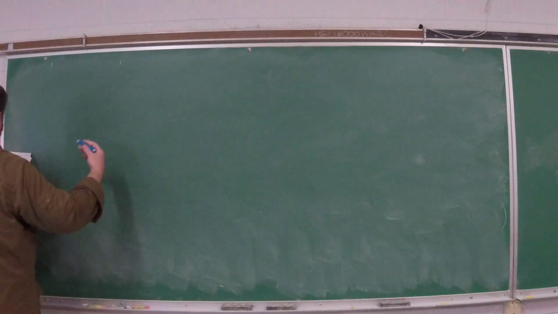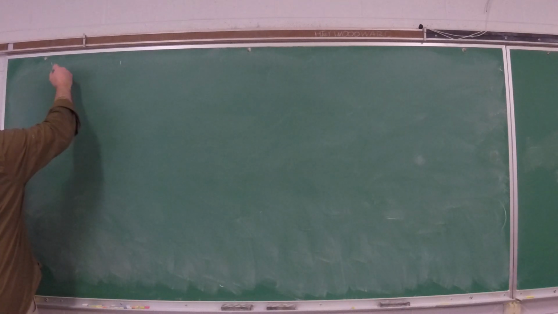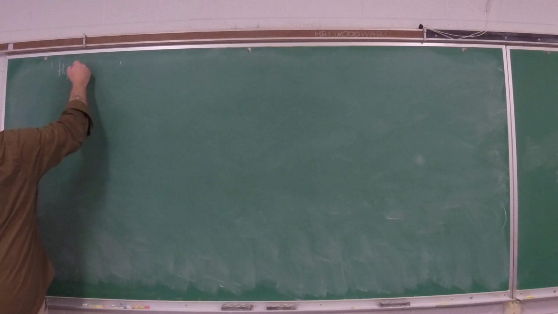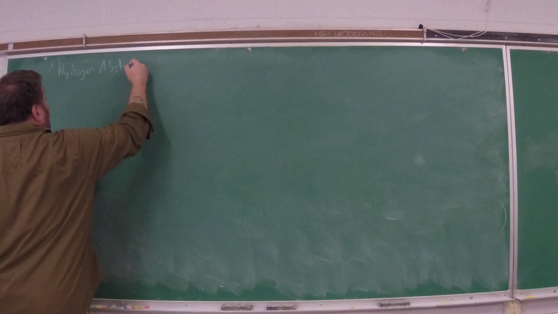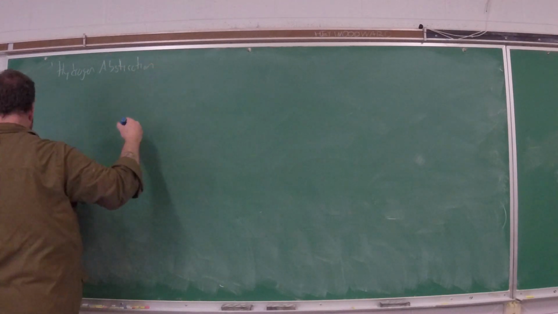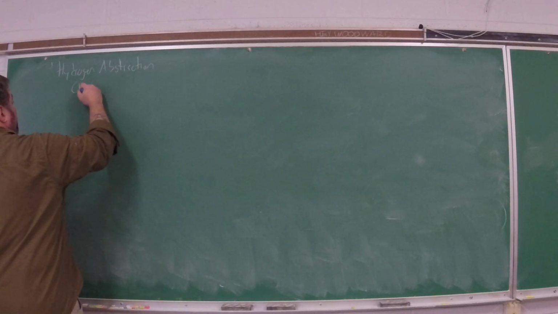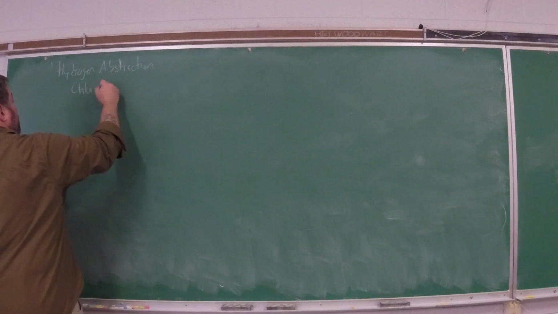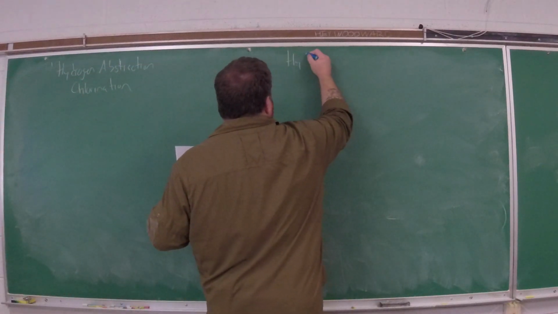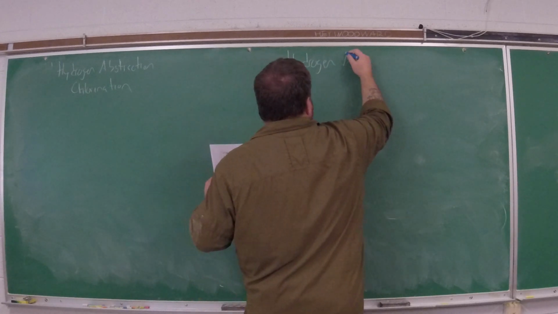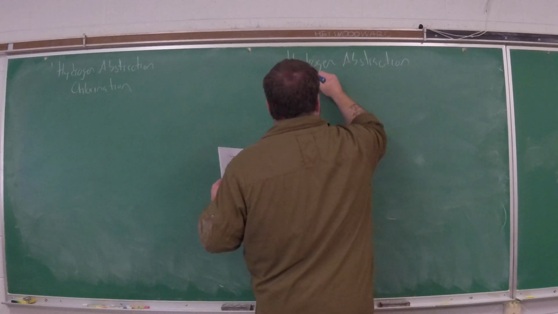To know why, we have to look at the potential energy. So here we're going to look at the hydrogen abstraction in the chlorination, and we're going to look at hydrogen abstraction for bromination.